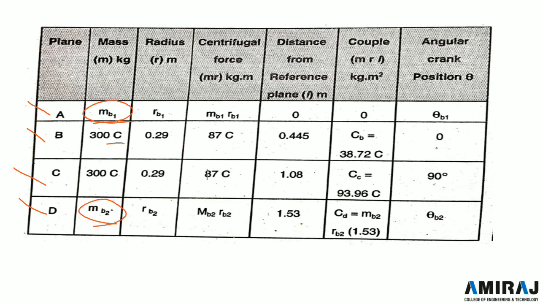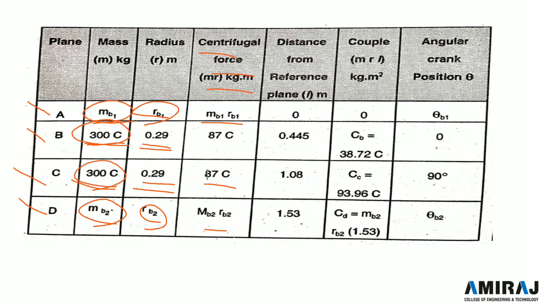The second, B, and C are 300 c, so the mass is given here for both the cylinders. We know the radius of rotation, that is the radius of crank, is 0.29. RB1 and RB2 are unknown. So first, the centrifugal force in kg-m we can find by this.